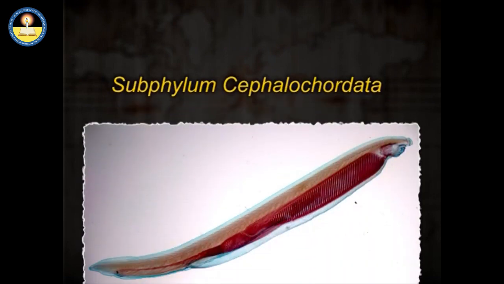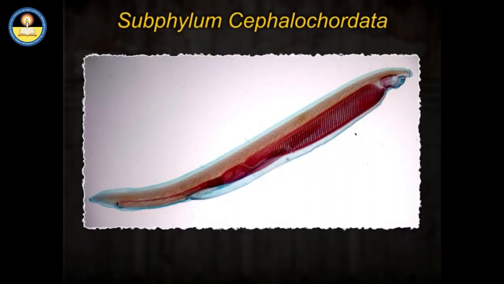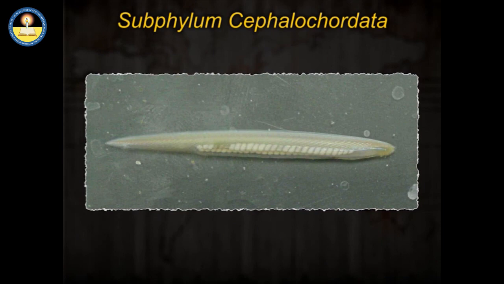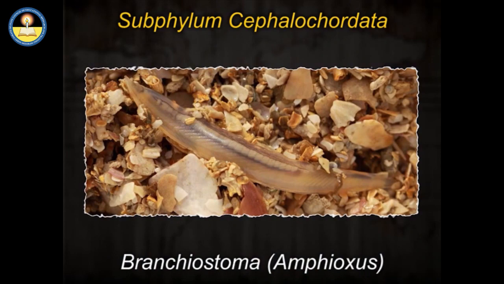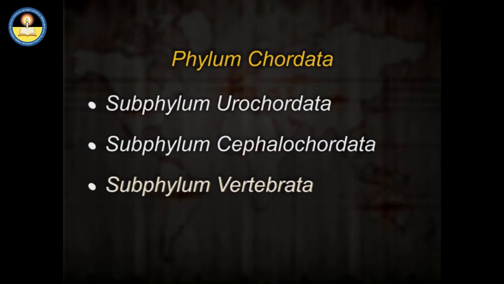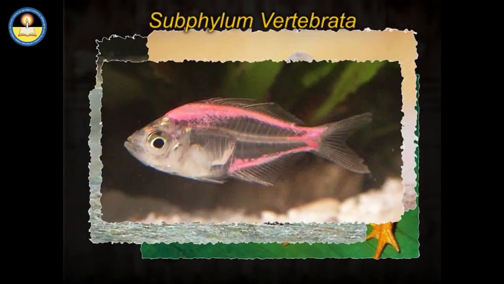Subphylum Cephalochordata. The last group are the cephalochordates, which are usually represented by one organism: Branchiostoma, commonly called Amphioxus. Subphylum Vertebrata.